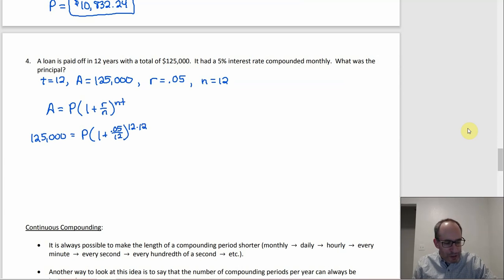144. So then, all right, we're going to get 125,000 equal to P times, and 0.05 over 12 is not a terminating decimal, so I'm still going to write this as 1 plus 0.05 over 12. And then that'll be raised to the 144th power. So we want to get the P by itself.